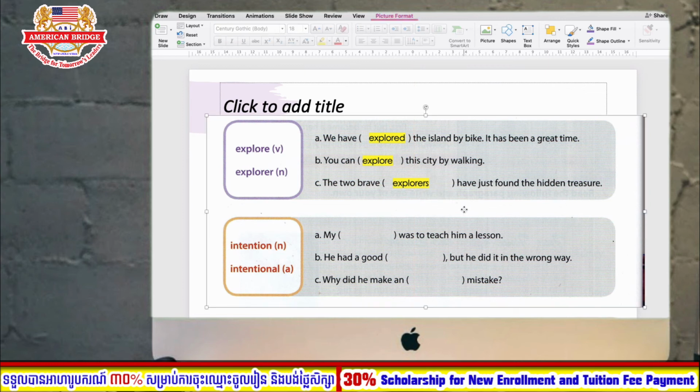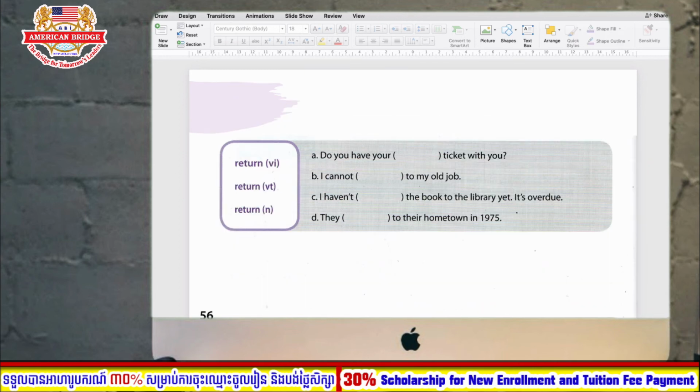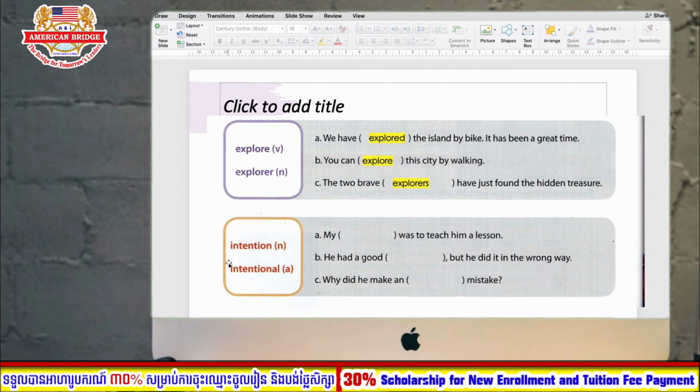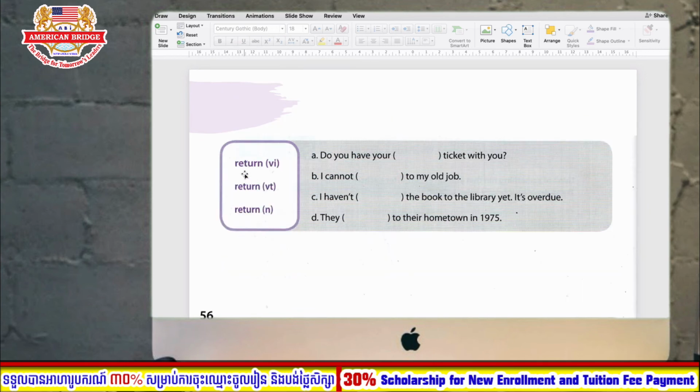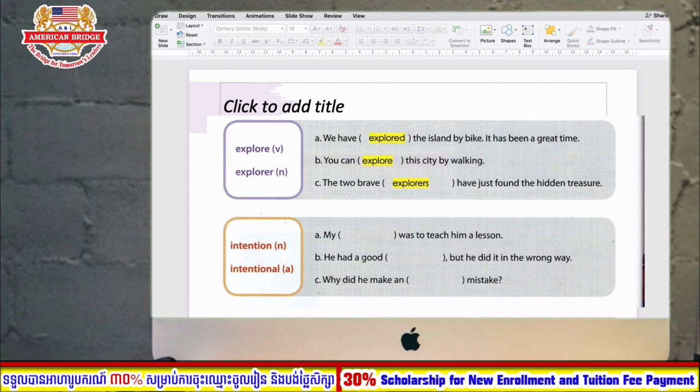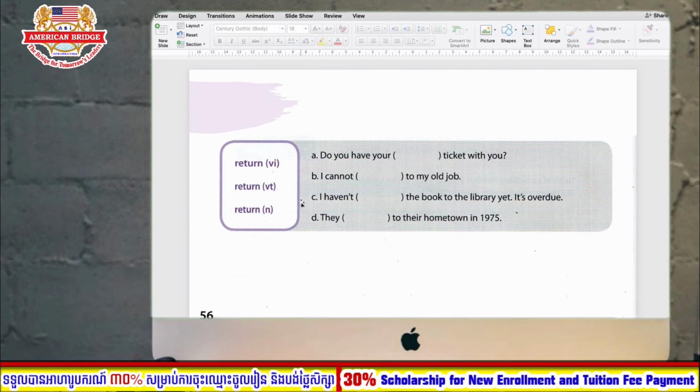Alright everyone, so there are two more boxes. We have the words invention and intentional, and we have the word return, and all of these are return but with a different function. So I would like to skip invention and intentional to the last one, because the last one is a little bit interesting here. We have the word return which functions as a verb, but with intransitive verb.